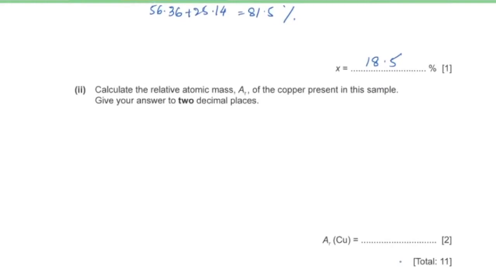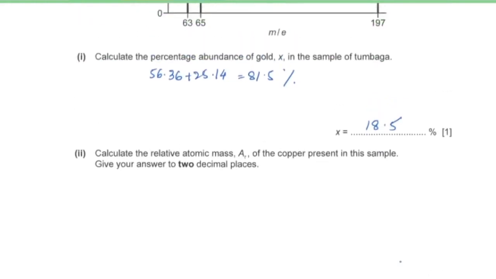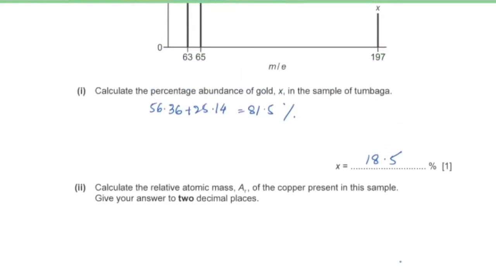Part 2, calculate the relative atomic mass of the copper present in this sample. Mind that here we are talking about the relative atomic mass of only copper, not Tembaga as a whole.